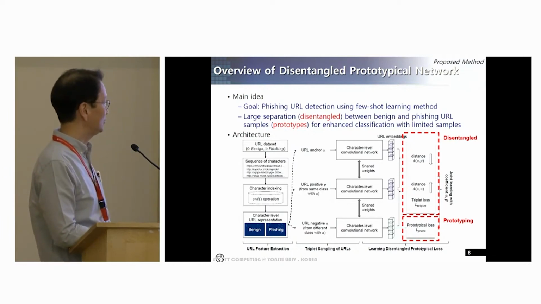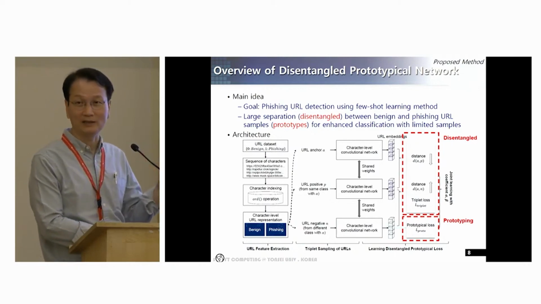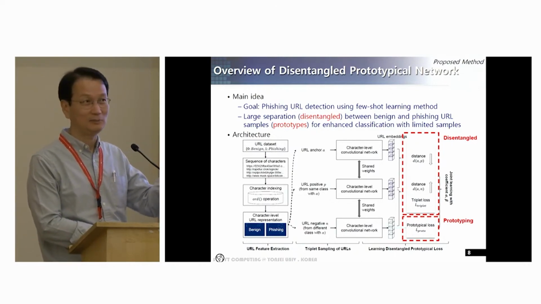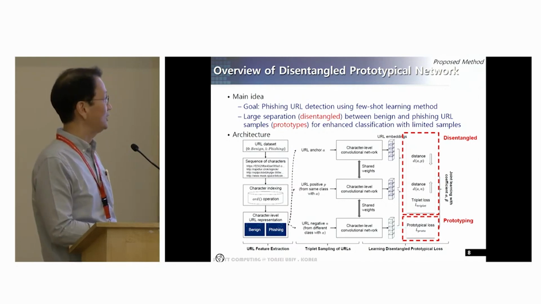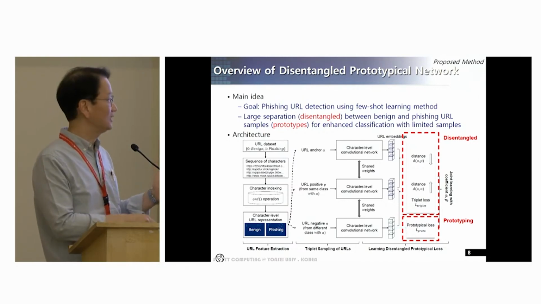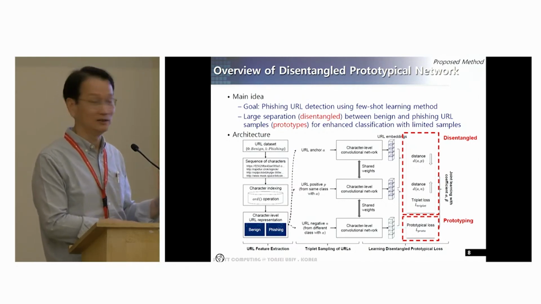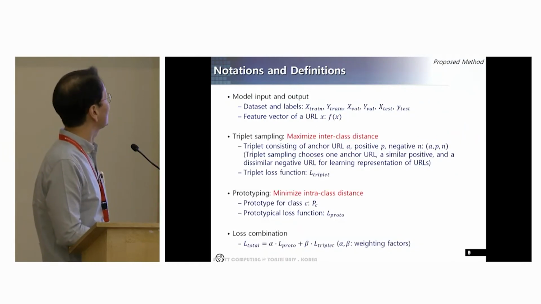In addition, we apply the prototypical loss because we wanted to obtain the prototypes as typical samples. Anyway, we have two different loss terms. That is the main idea of our approach.